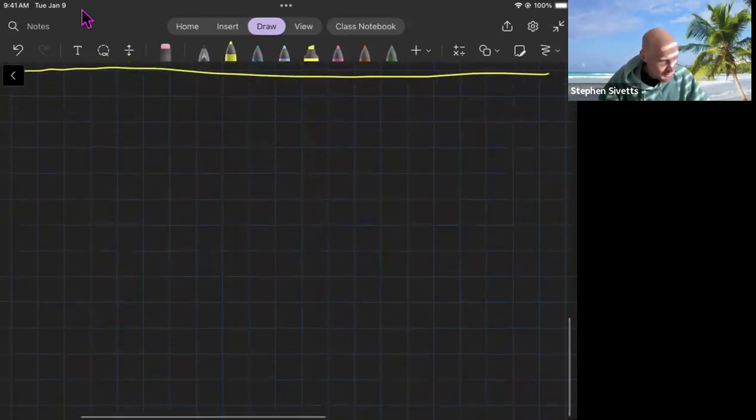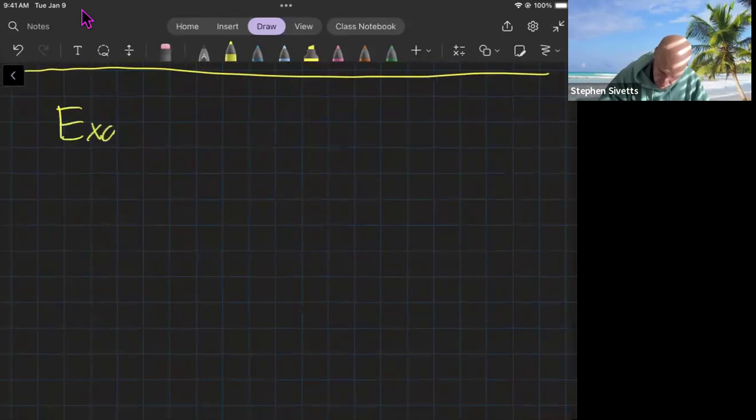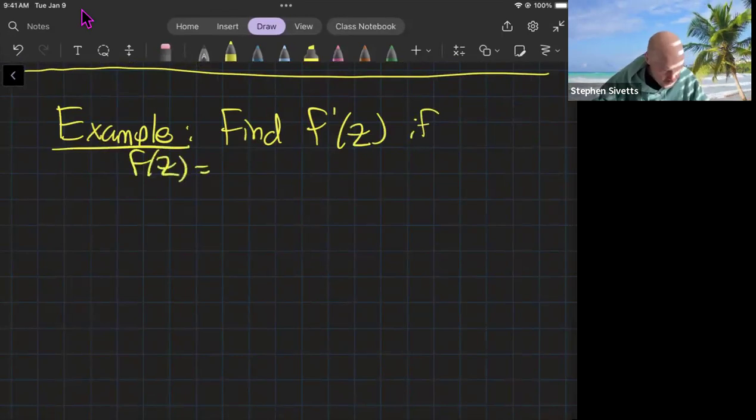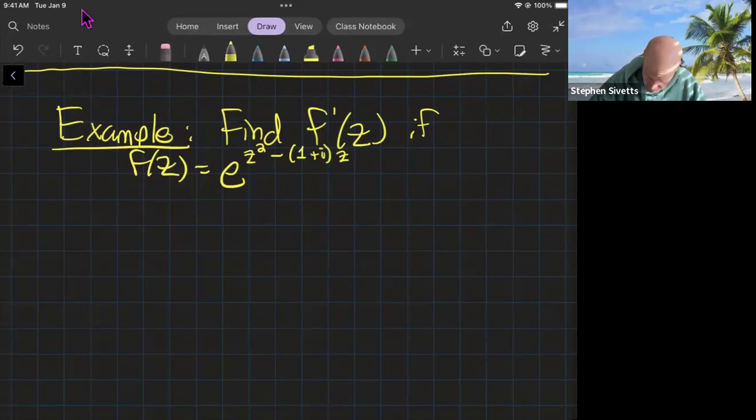So for example, I want you to try to find this derivative. Figure out the derivative of the function f of z equals e to the z squared minus 1 plus i times z plus 3.